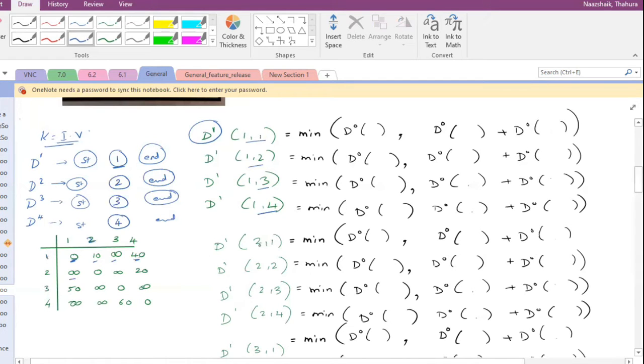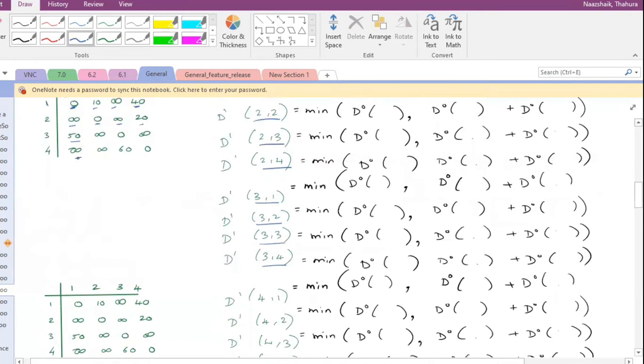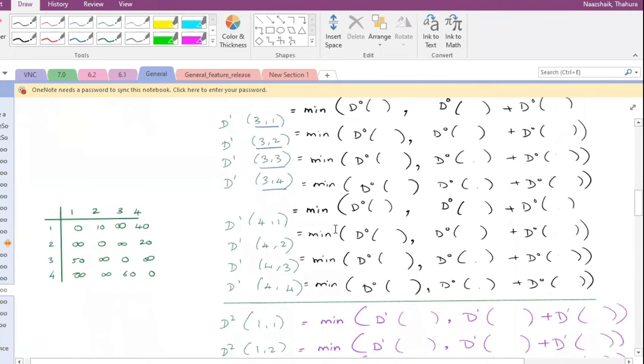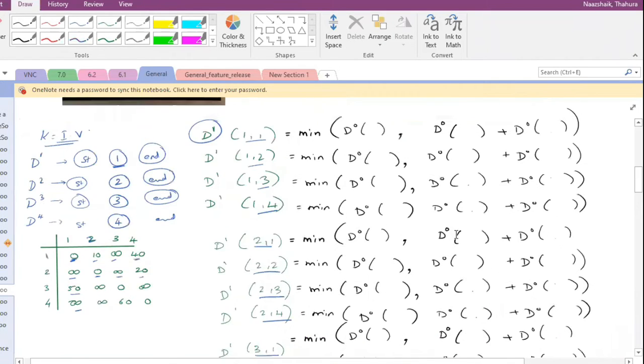Similarly here 2, 1. This is 2, 2. This is 2, 3. This is 2, 4. Similarly, you have to do this for 3, 1, 3, 2, 3, 3, 3, 4. And finally, you have to do it for your fourth row, which is 4, 1, 4, 2, 4, 3, 4, 4. So these are all the possible edges for you, right?